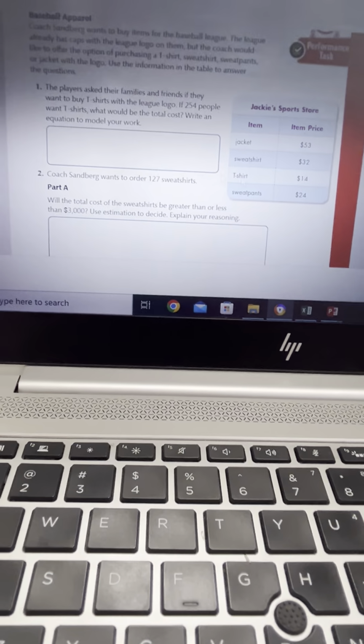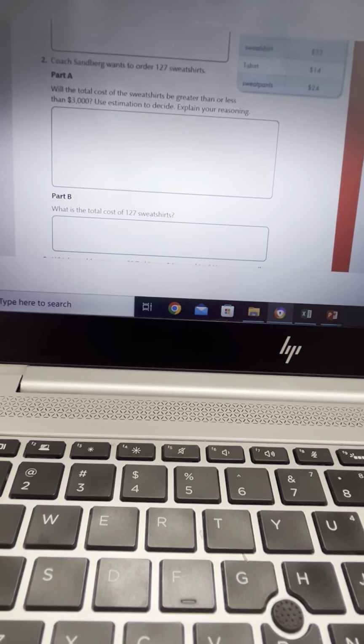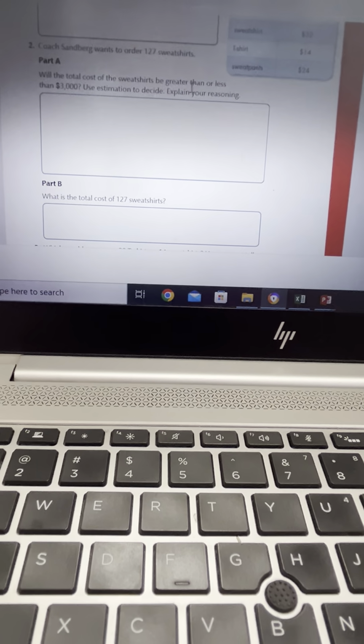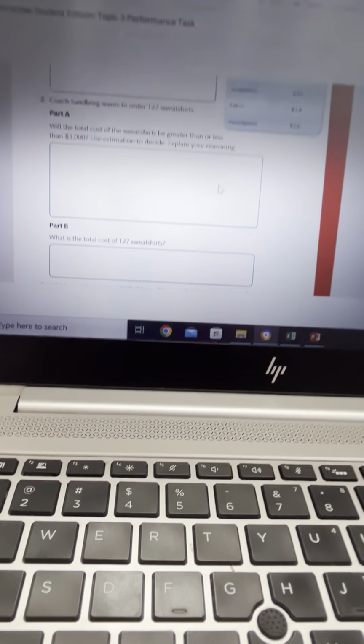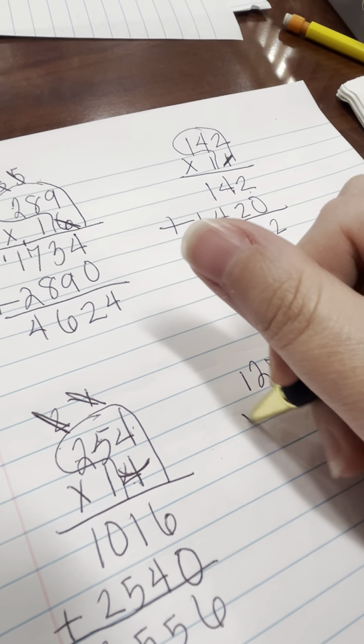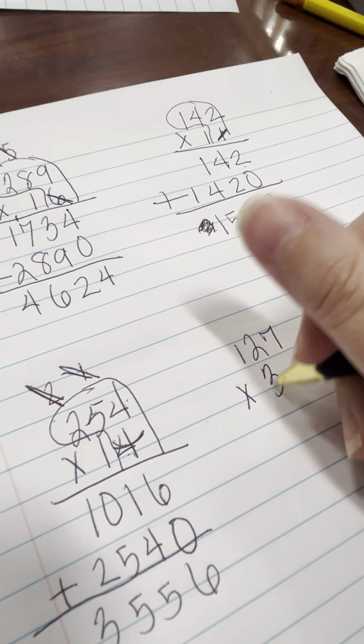All right, now it says he wants to order 127 sweatshirts. It says, will the cost be greater or less than $3,000? Use estimation. Explain your reasoning. So we have 127 and then the sweatshirt costs 32 bucks.